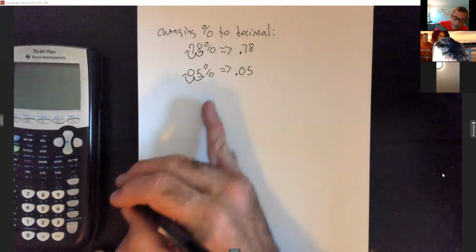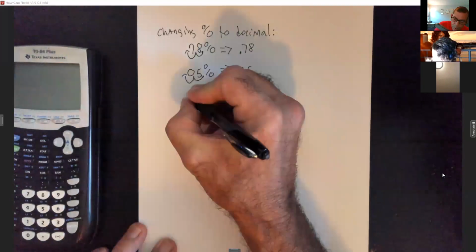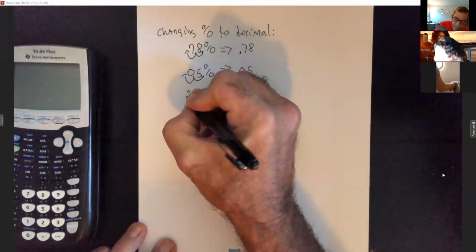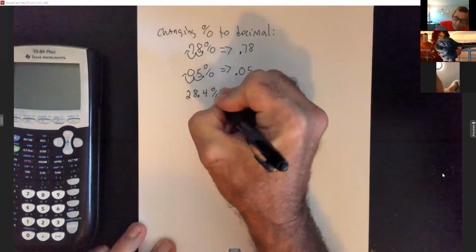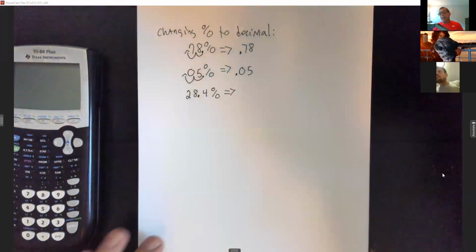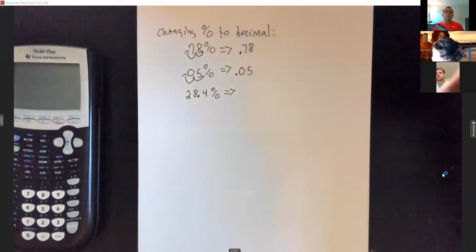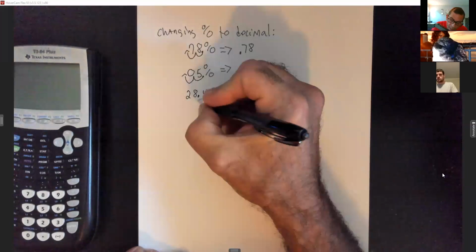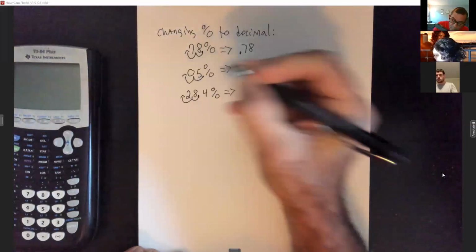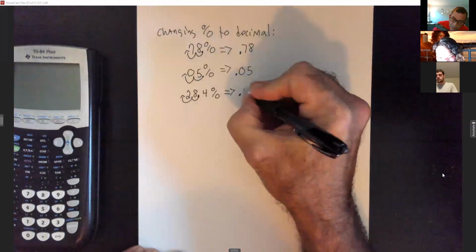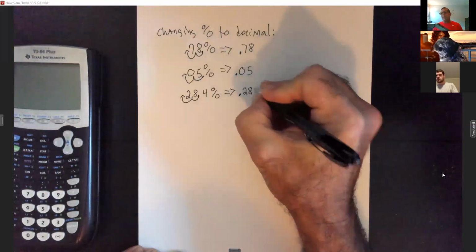Okay. I could have something like 28.4%. I still need to turn this into a decimal. And y'all, we would still do the same thing. Move the decimal left 2 units so that you get 0.284.